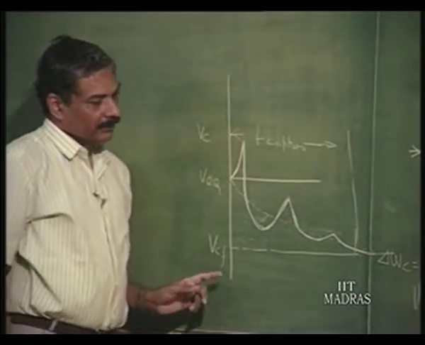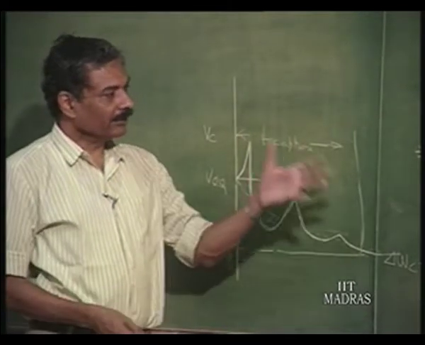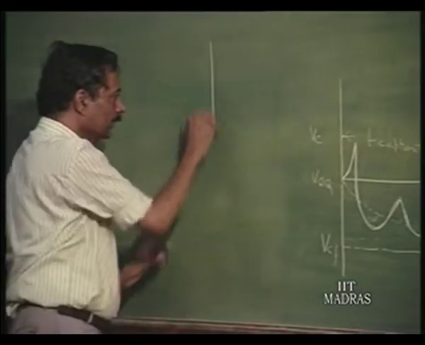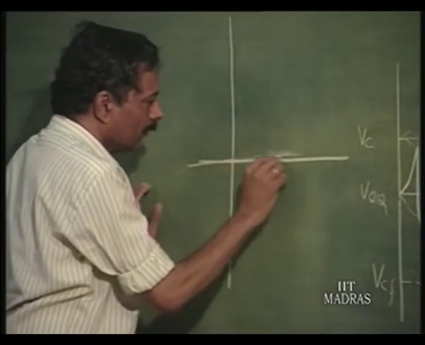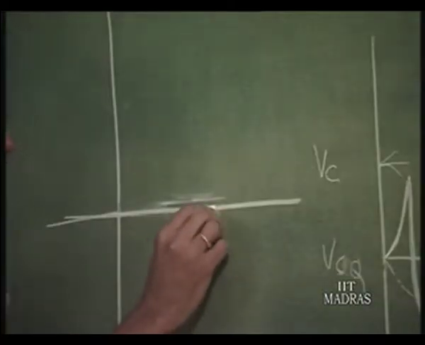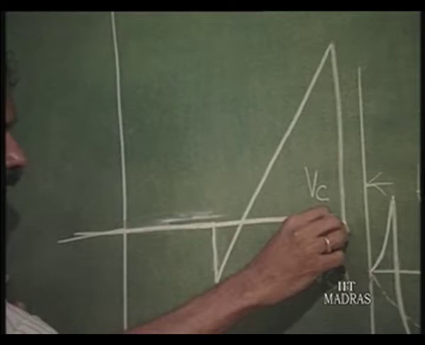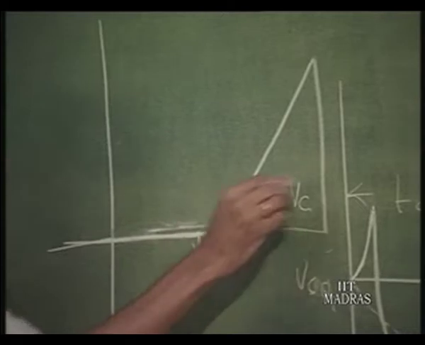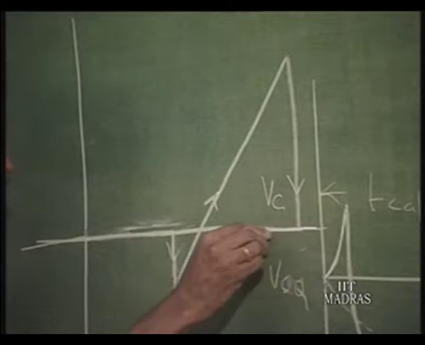So, once you understand the process of capture, and you know that once it is captured, it is going to be maintained under lock, at this point it is capturing the whole thing, and it will go on like this, maybe go on almost up to this point. This is the lock range, this is the capture range, and this is the way it will follow this, and again while coming back it will be following like this.